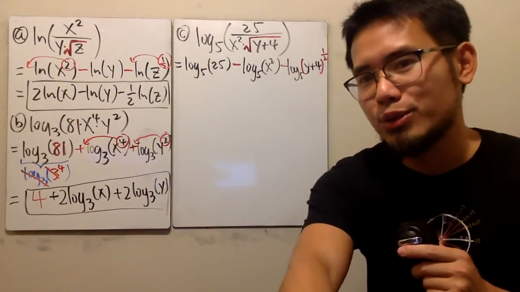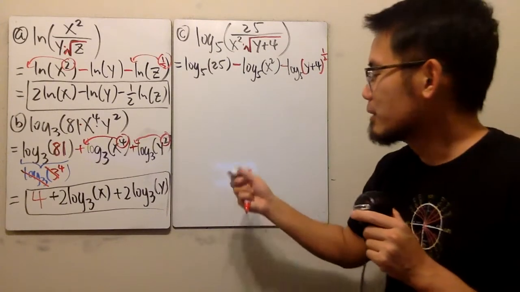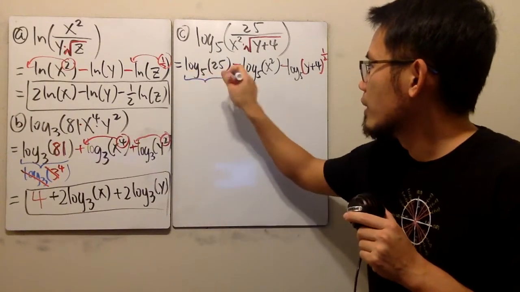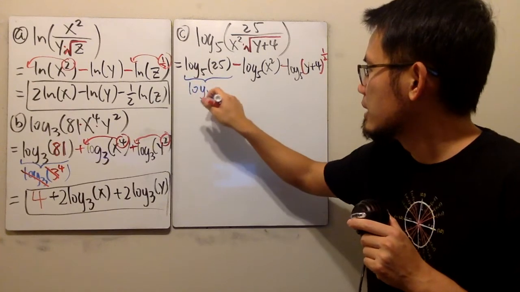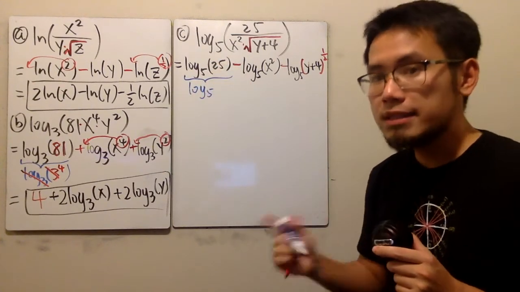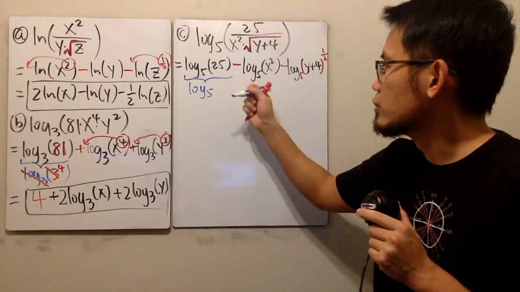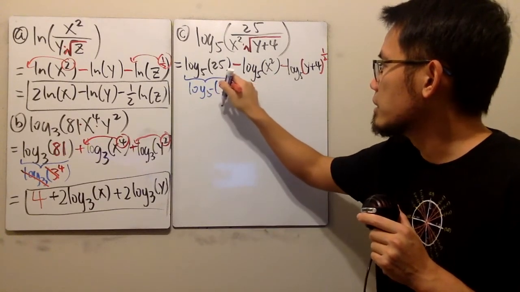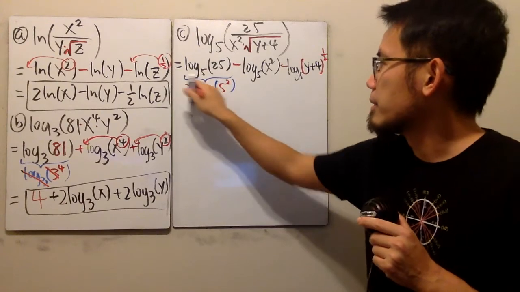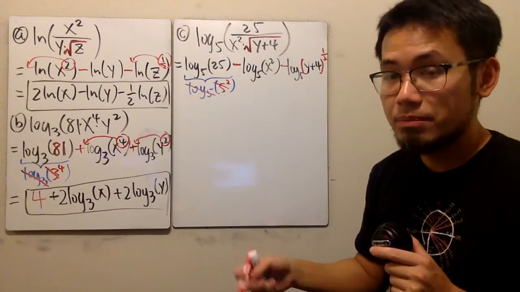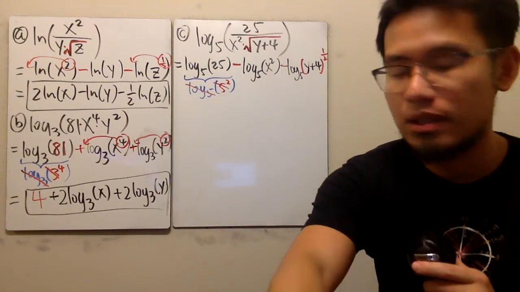And again, you can always use your calculator. But it's much better if you just remember that hey, this is log base 5, yeah? And 25, it's the same as 5 times 5, namely 5 squared. So we can just look at this and say, because that's 5 squared, that means this and that can be cancelled, which is very nice.